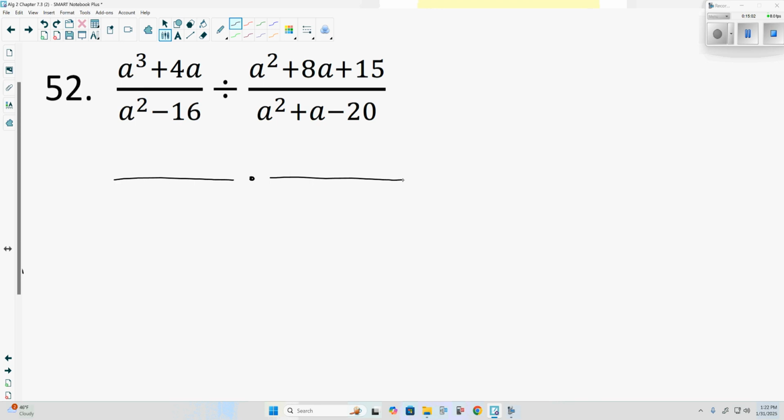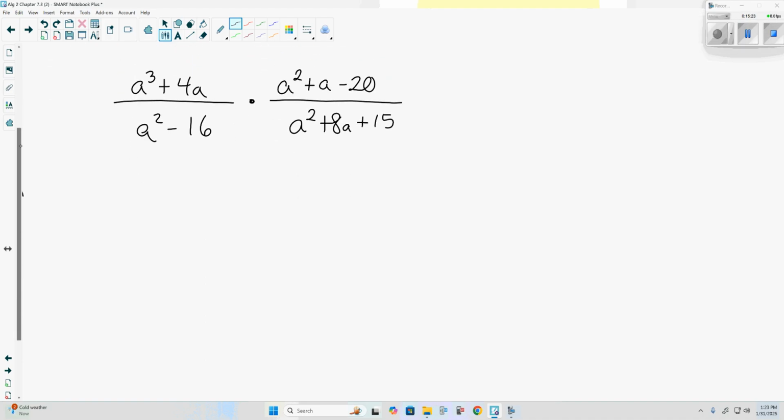So we're going to keep the first one the same, a cubed plus 4a over our a squared minus 16. We change it from division to multiplication and flip the second expression.